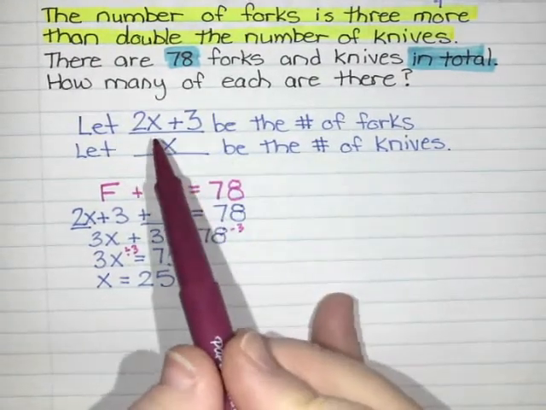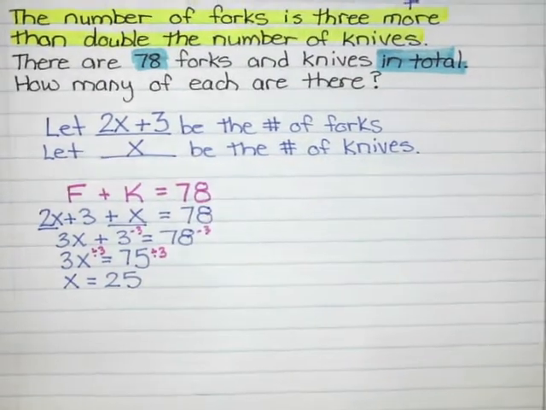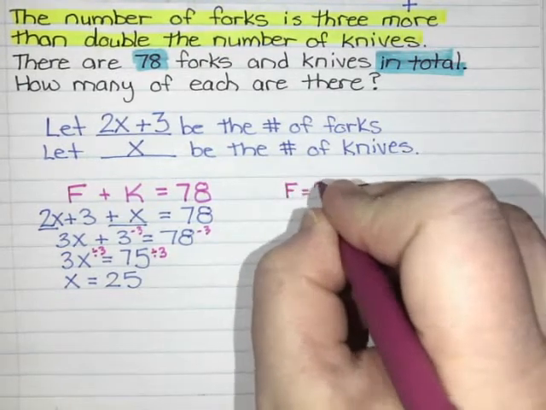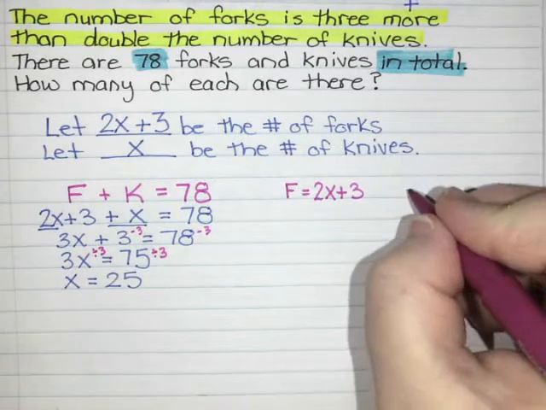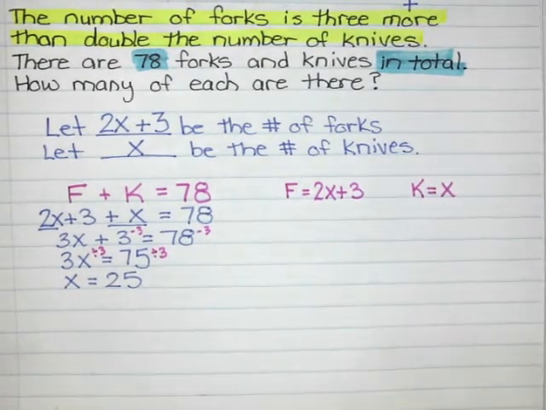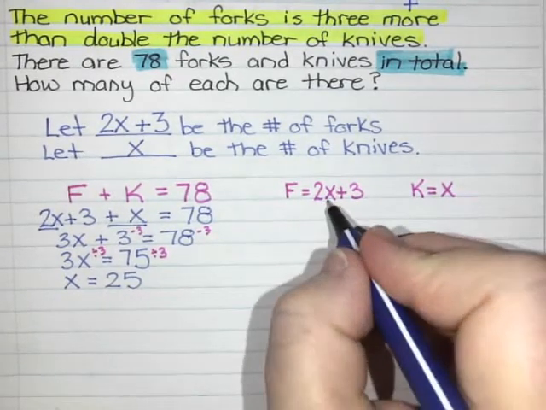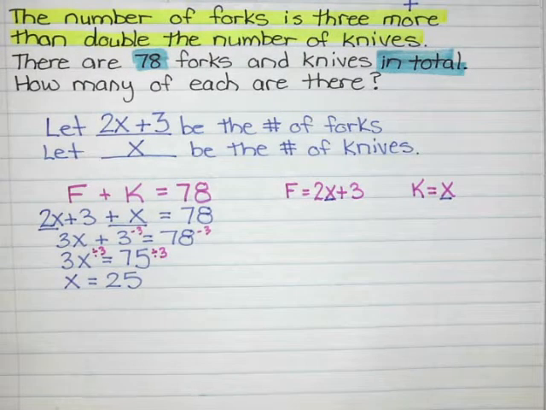My let statement that we started with said the number of forks was 2x plus 3. So I'm going to write that my forks are 2x plus 3. And we let our number of knives be x. So my knives are x. Now, what did we get for x? We got 25. Everywhere I see an x here, I'm going to put back in that number 25.